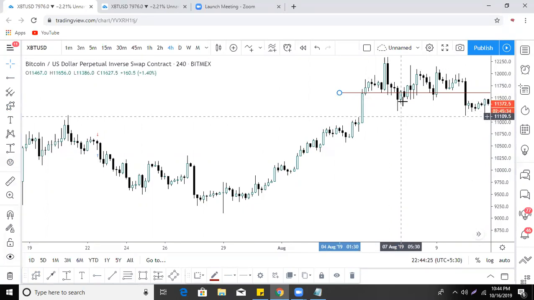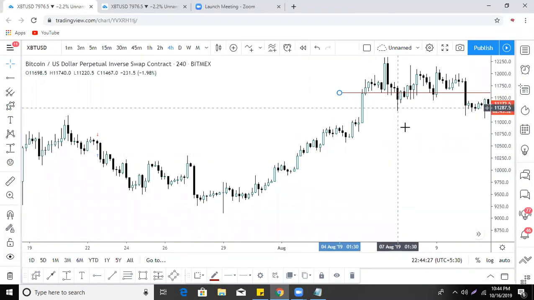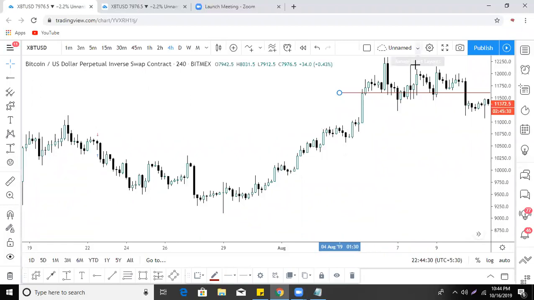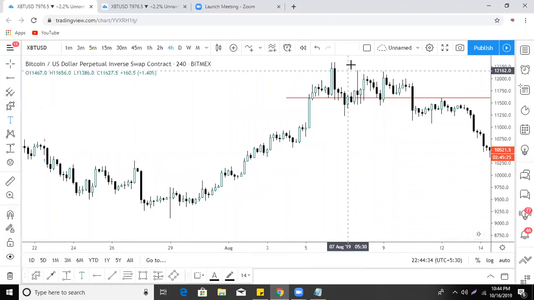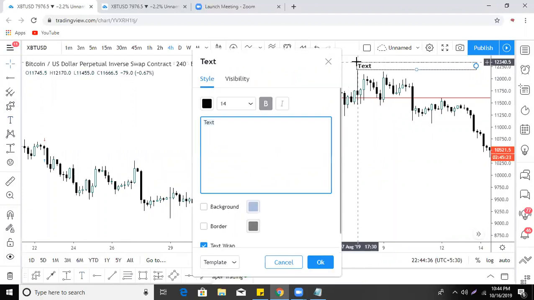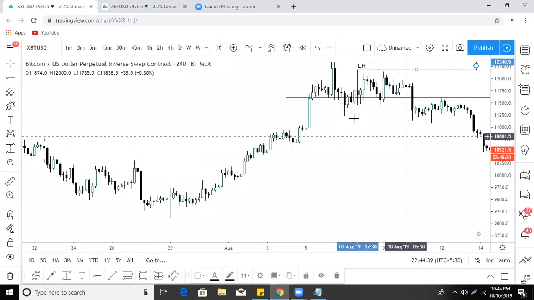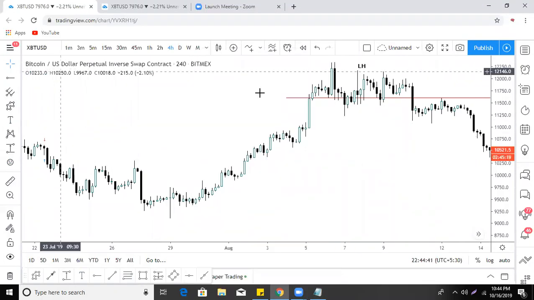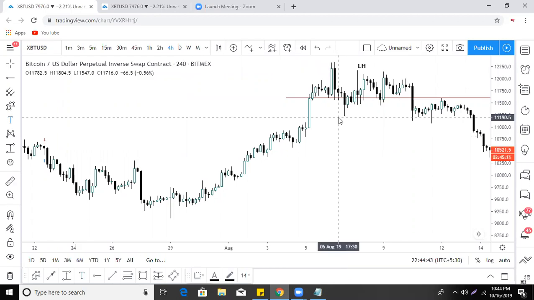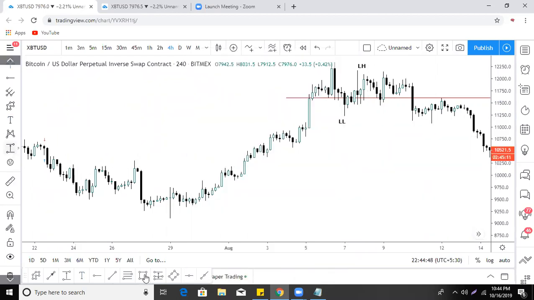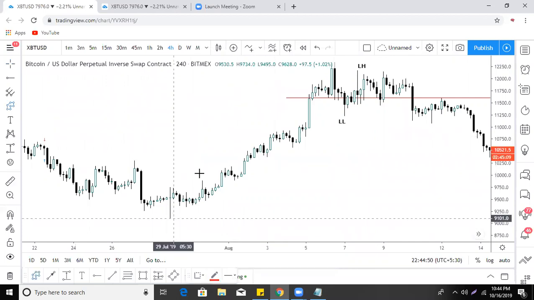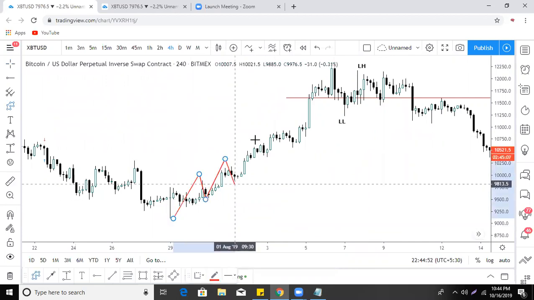So what will we wait for? We will wait to see if the price again goes to make a higher high or makes a lower high. What happened? When we reached there, we saw a lower high, right? And this was a lower low. So what did we see? That the price stopped making higher highs and higher lows. This was making higher highs, higher lows.